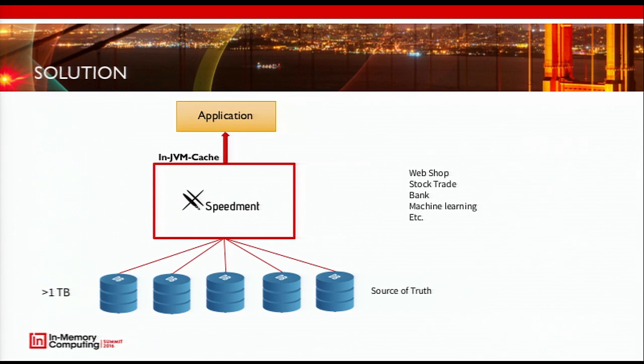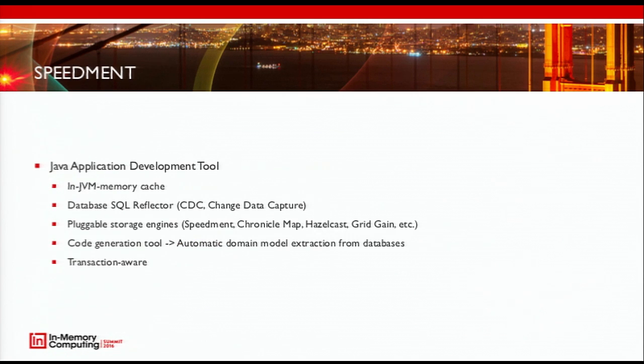So what do I do then? We have a tool here that can fix a lot of things around this. We have the data here, and you have your application here. What we have is a Java development tool that has an in-memory JVM cache with very low latency. It's a scale-up solution.